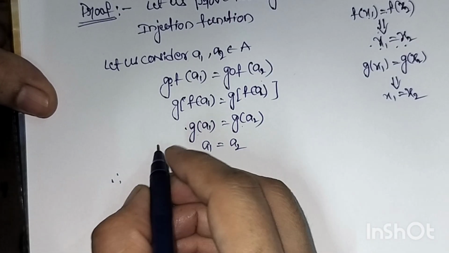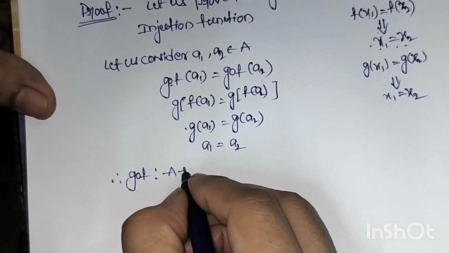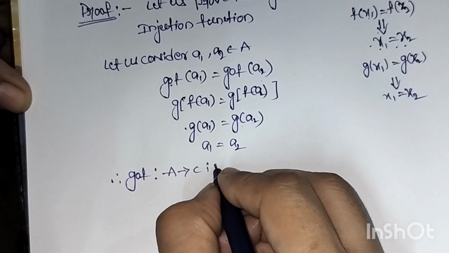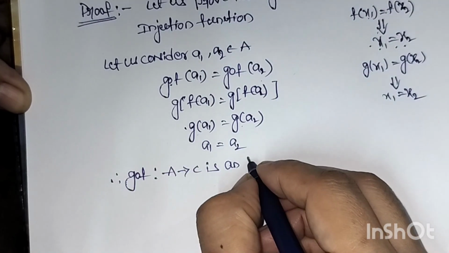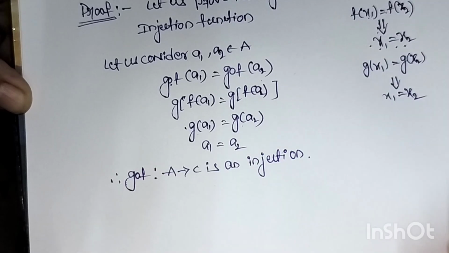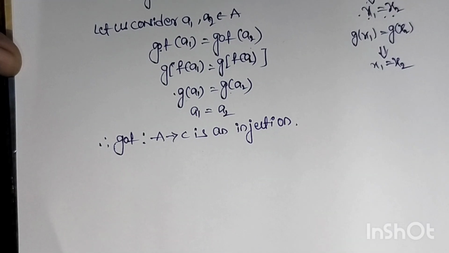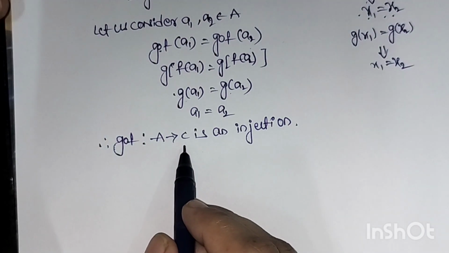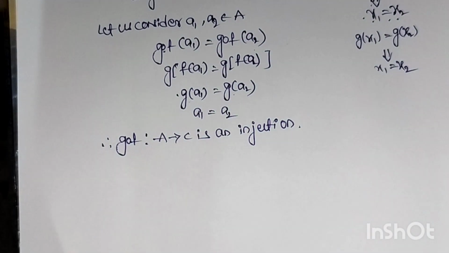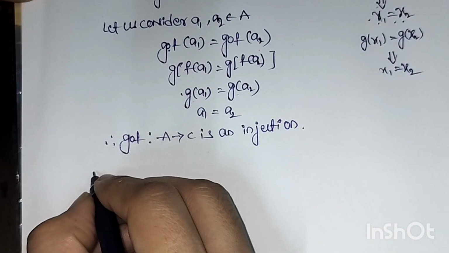Next, we have to prove g circle f maps A to C is a surjection. Let us prove that g circle f maps A to C is a surjection.